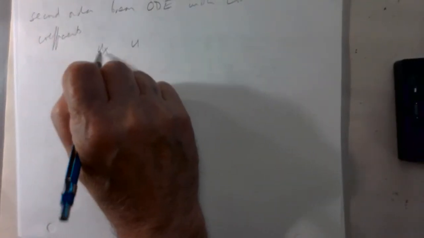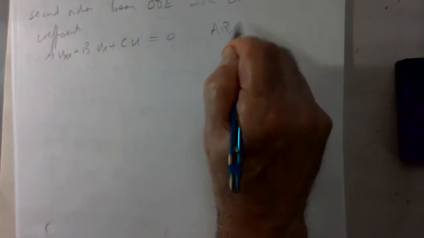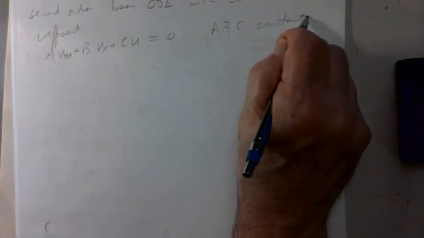So a second order linear differential equation is going to be of the following form. It will have the function u, the first derivative of u, and the second derivative of u. And linear means the coefficients don't involve u, they're just functions of x. Let's say it's homogeneous, equals 0. And constant coefficients means a, b, c are constant, they're not functions.